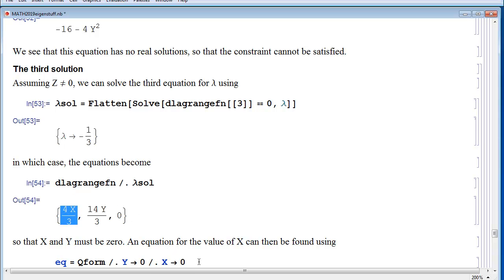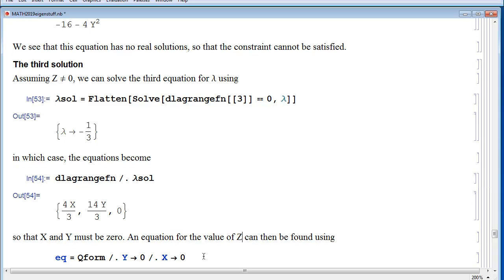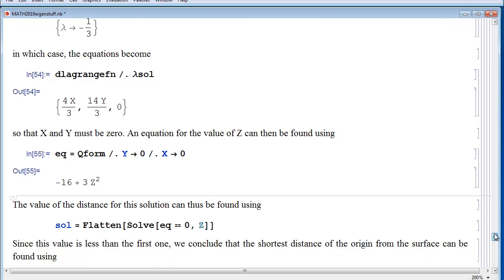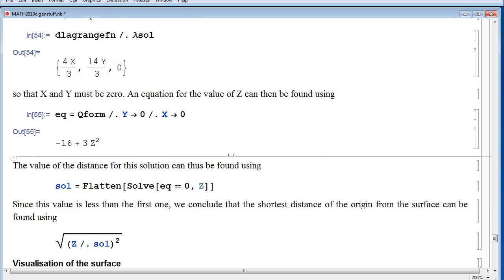And then an equation for the value of z, better change that, can then be found using this by setting x equal to 0, and we can see that that's an equation for z, which we can solve using this.